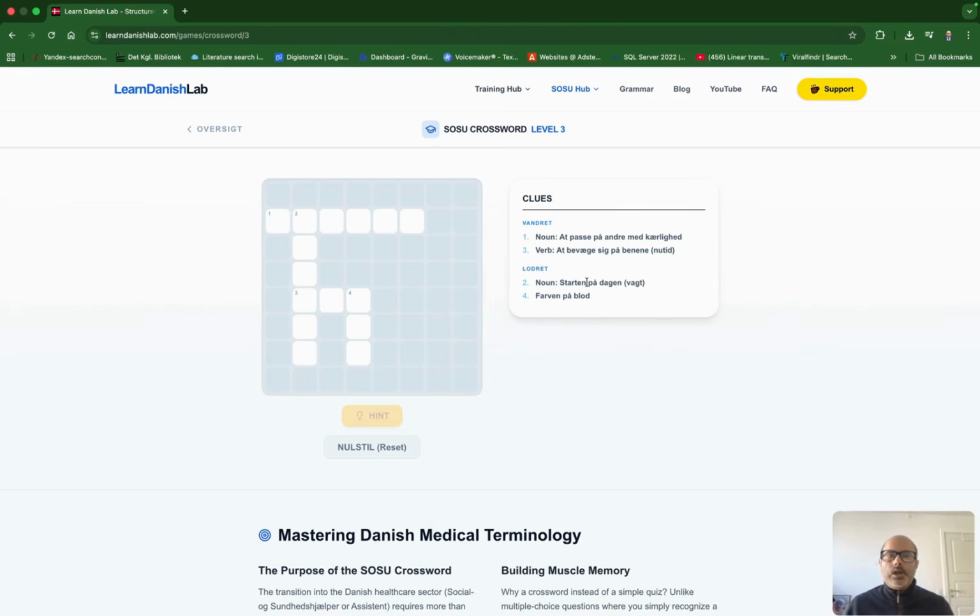So in this scenario, we have up and down again, right? From left to right and up to down. Yes, let's see. This is the noun. Omsorg and the omsorg. Okay, we take care of others with love, right? So in the social context, you may not know this word, but it is a very useful word in the social education, right?